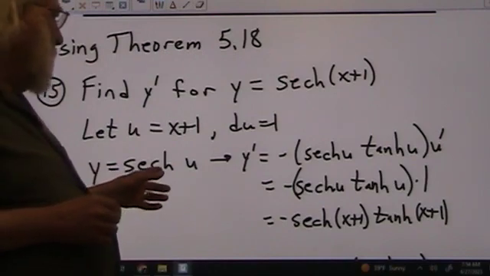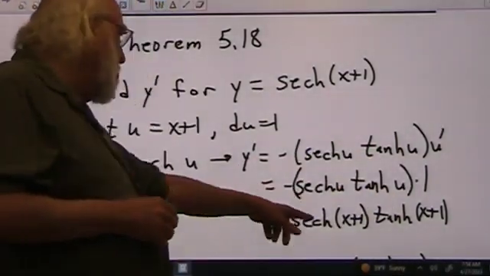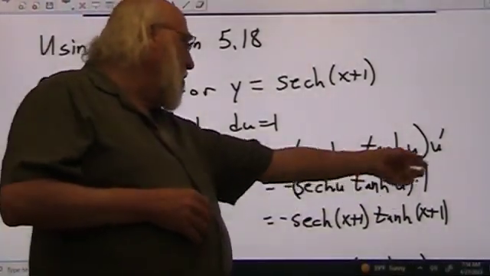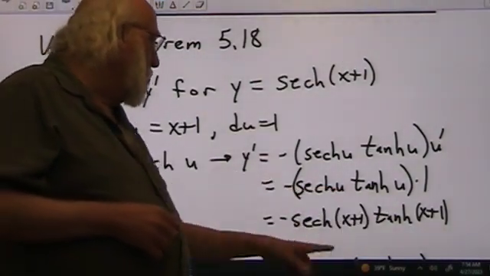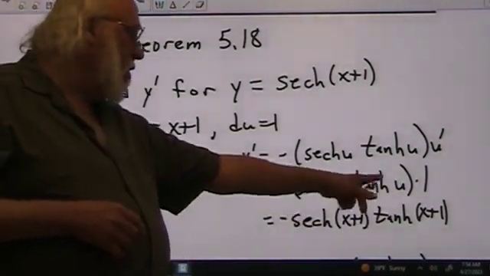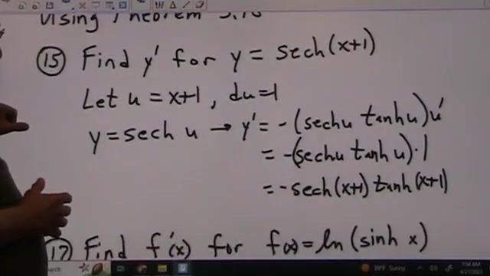The u prime is 1. I should have probably put the x + 1, but I want to emphasize how that 1 was put in there. We just replace the u with x + 1, so we get negative sech(x + 1) tanh(x + 1). And that's your answer for that.